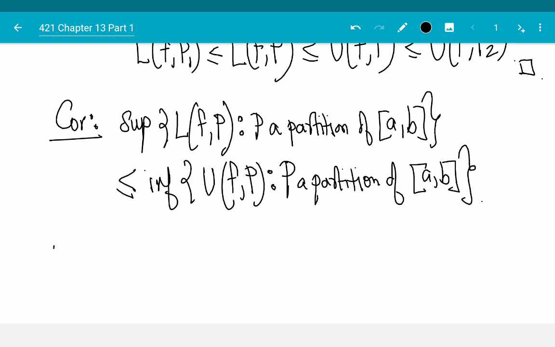Okay, exercise. This is a pretty easy exercise.